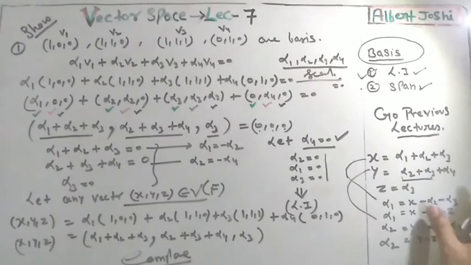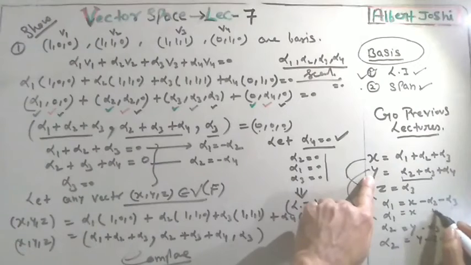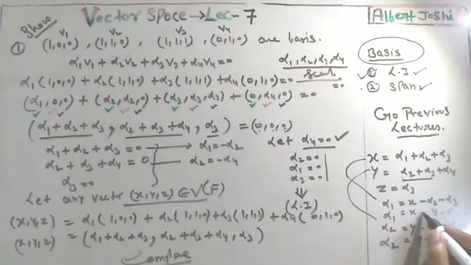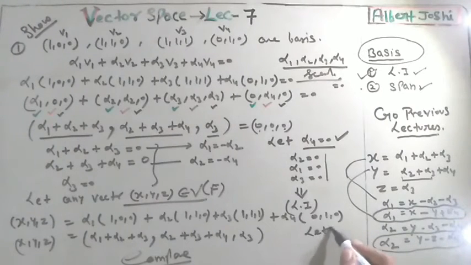Then from x we get the same thing, where the sign changes, minus to plus. So the first one gives alpha 1 equals something and alpha 2 equals something. Again we have the problem of alpha 4, so we take alpha 4 equal to some value.